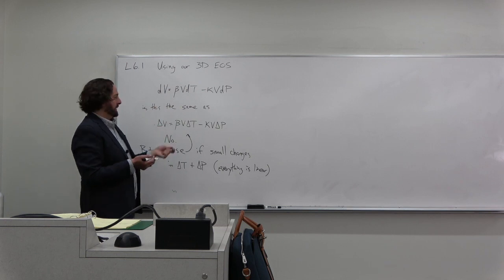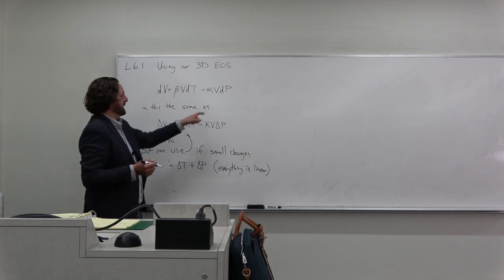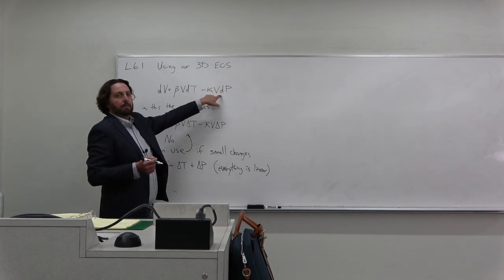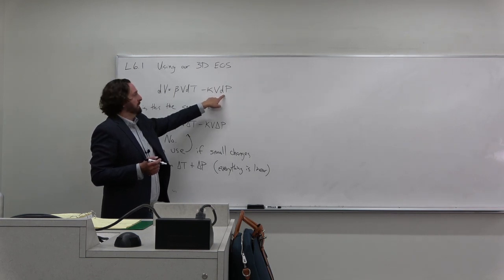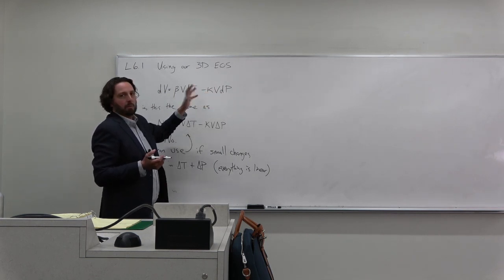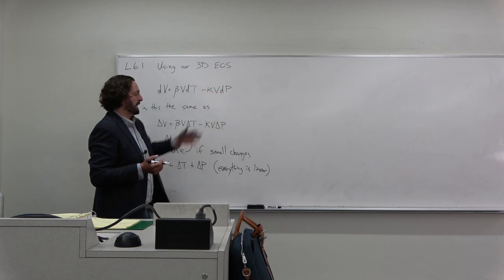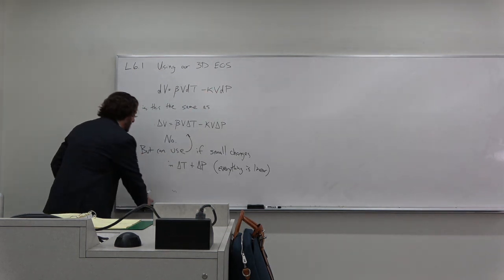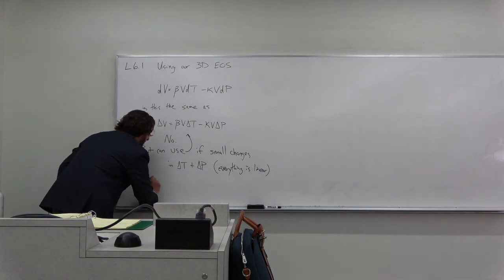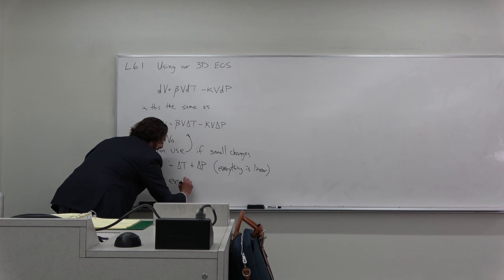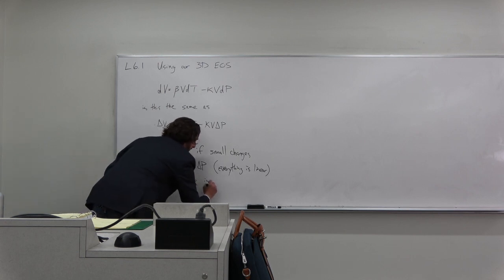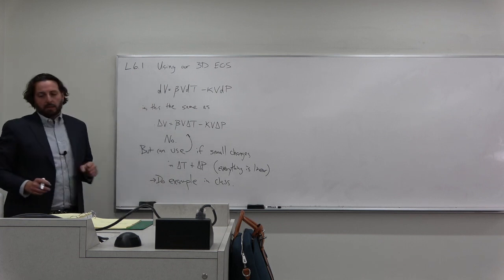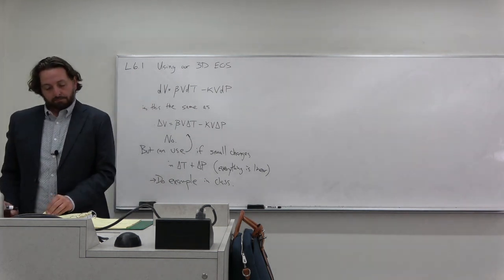It's such a small change in P that neither kappa nor V really depended on P, and I could take them out. So that's all we mean. And we're going to do an example in class on when we can do this.